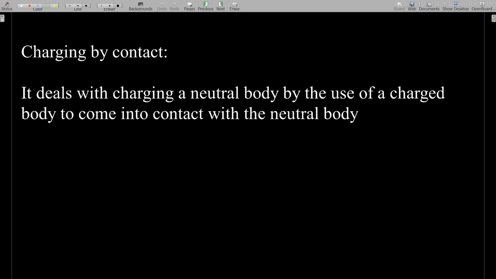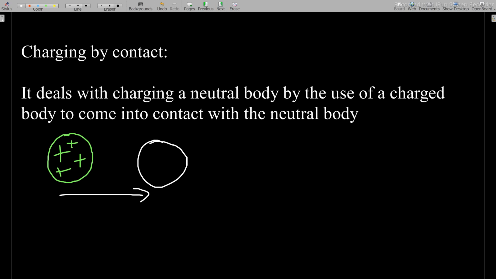If I want to charge a body positively, I have to bring a positive charge closer to a neutral body and come into contact with it. This is the initial stage. In the next stage, the positive charge is attached to the neutral body.